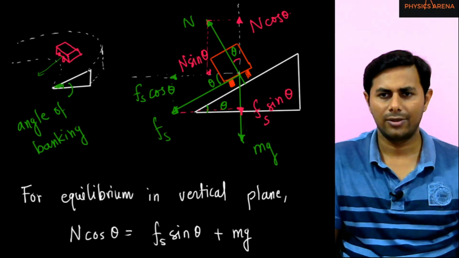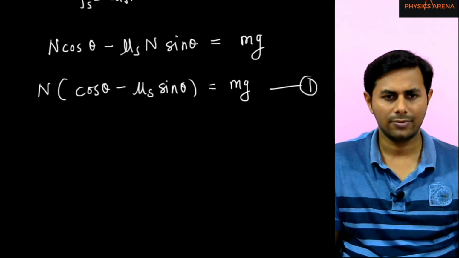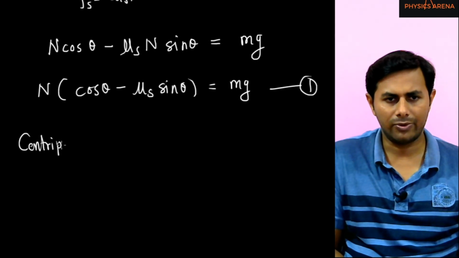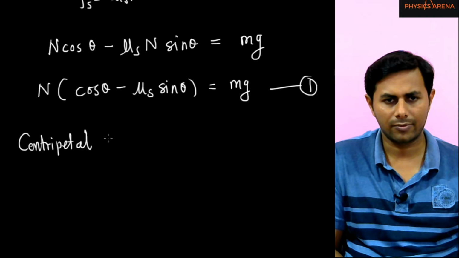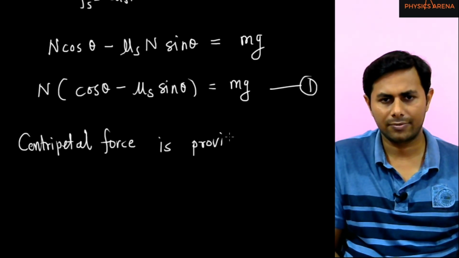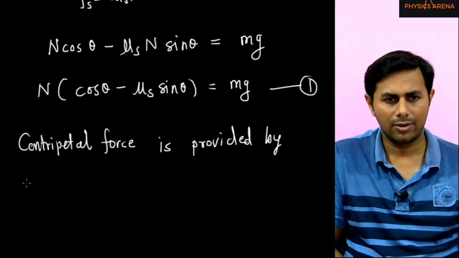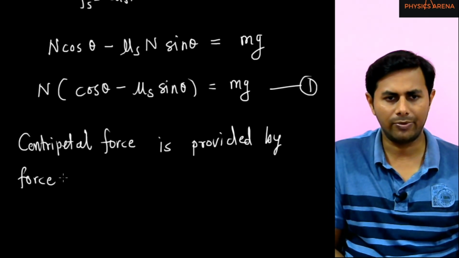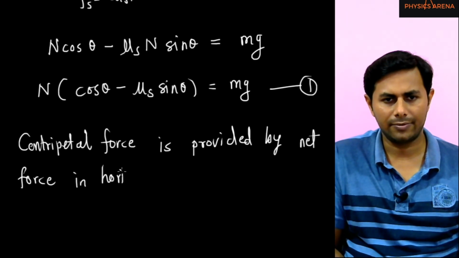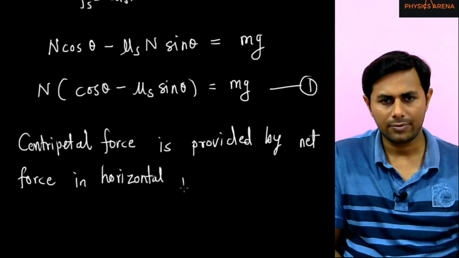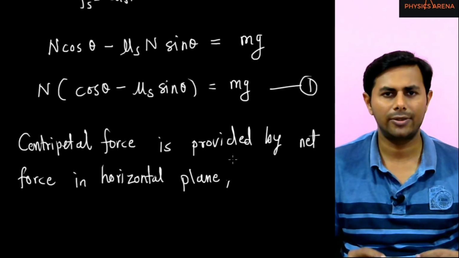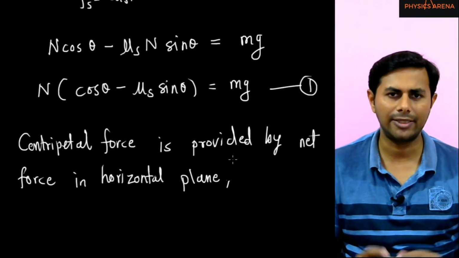So the centripetal force is provided by the net force in the horizontal plane, and we want to find out the optimal speed, the maximum speed.